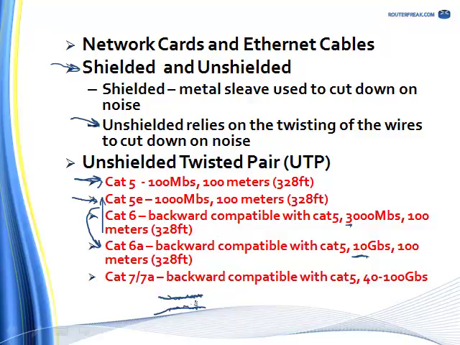You'll have magnetic fluctuations that will affect the cable right next door to it, and vice versa. The voltage in this cable will generate a magnetic field that will affect the characteristics of the wire next door to it. So what they do is they take this cable and they twist it around each other.